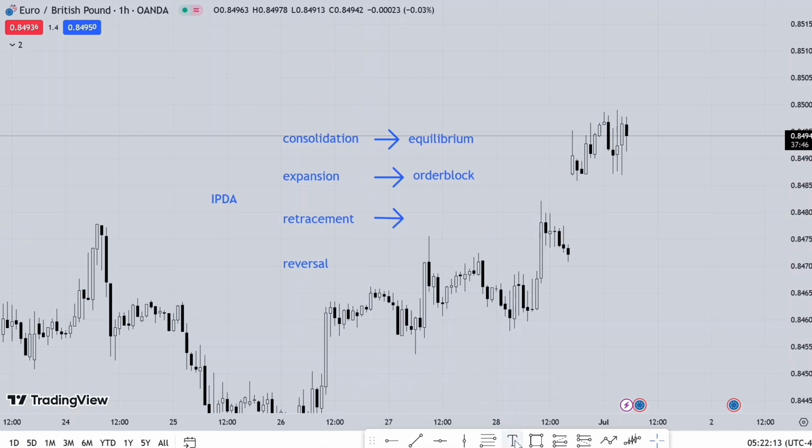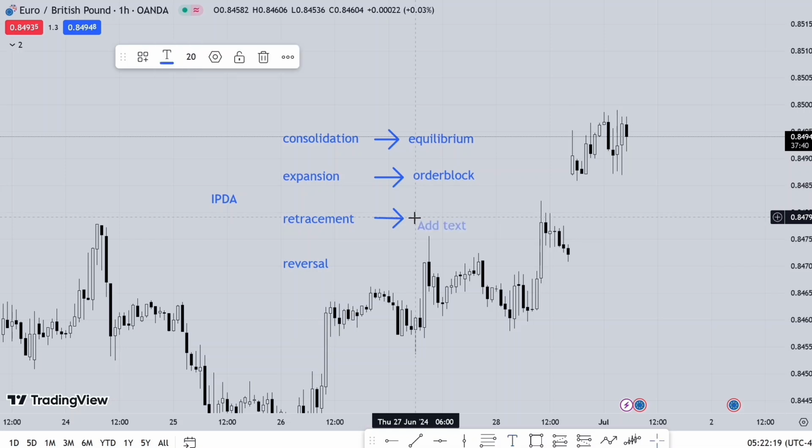So for the retracement, the IPDA tool we are interested in when we are focusing on the retracement is the liquidity gaps and also liquidity voids.